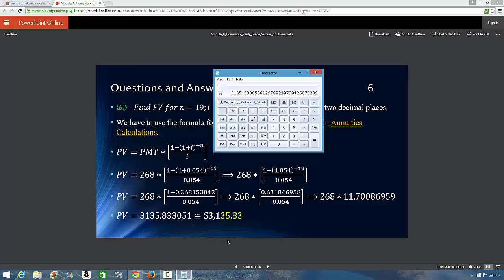So let me rewind. I'm going to clear memory, MC, to remove the memory. So let me just start all over again.